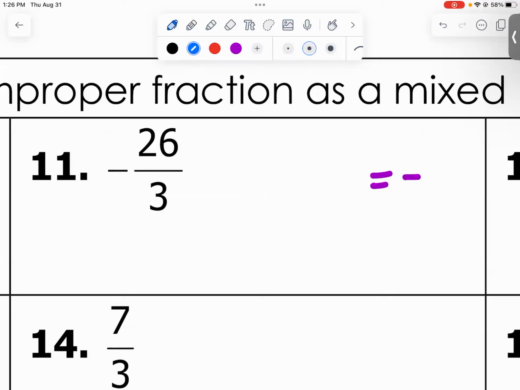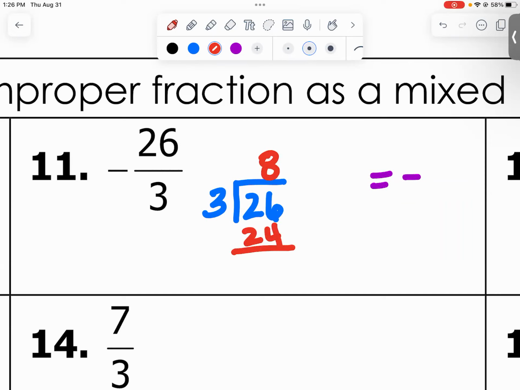Well, now let's look at 26 over 3. How many times does 3 go into 26? Okay, how many times? 8? Because 3 times 8 is 24.